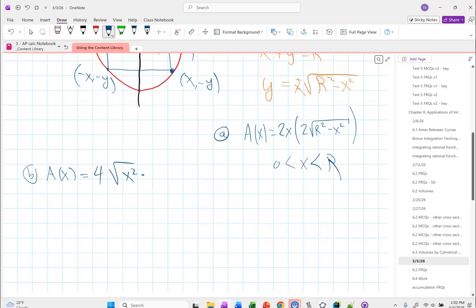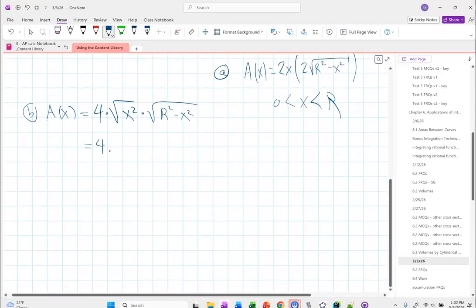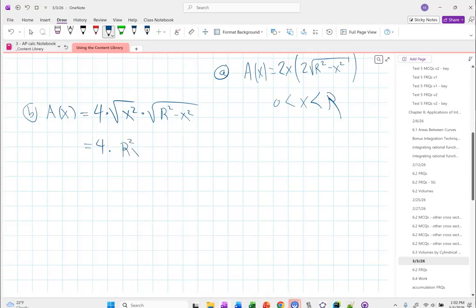I'll make that a 4. Everybody's okay that I just rewrote x as the square root of x squared? The advantage there is it allows me to distribute that x squared inside of my radical, which eliminates the need for a product rule in my derivative.